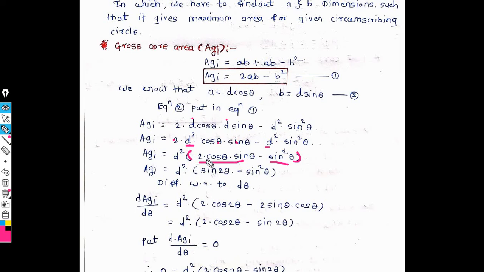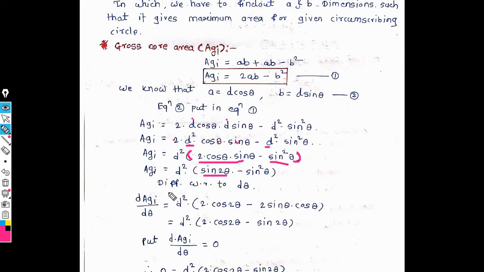Now the formula is sin 2 theta equals 2 cos theta into sin theta. Put sin 2 theta for 2 cos theta sin theta. The next equation is AGI equals d square into bracket sin 2 theta minus sin square theta.